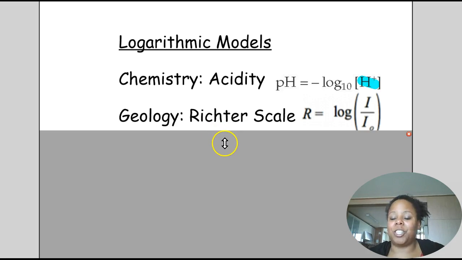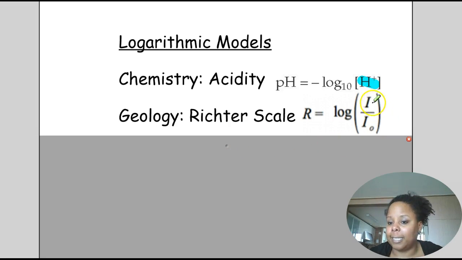The second thing is geology, the Richter scale. Everyone knows about the earthquake in Nepal, and they said it was a 7.9 on the Richter scale. And for us, that's really huge because you compute that number by taking the log of the ratio of two quantities, the intensity of the earthquake divided by the regular intensity of everyday vibrations of the earth.